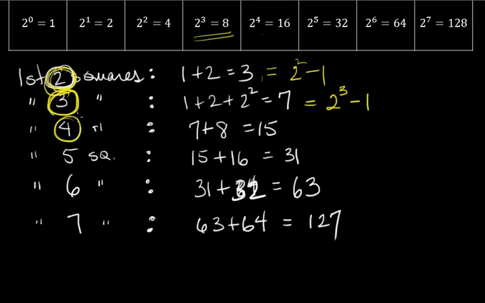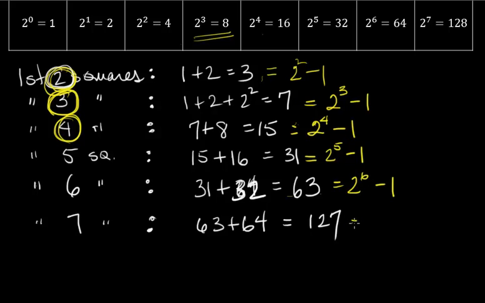On the first 4 squares, the sum of all of them, we get 15, which you see is 2 to the 4th minus 1. 31 is 2 to the 5th minus 1. 63 is 2 to the 6th minus 1.